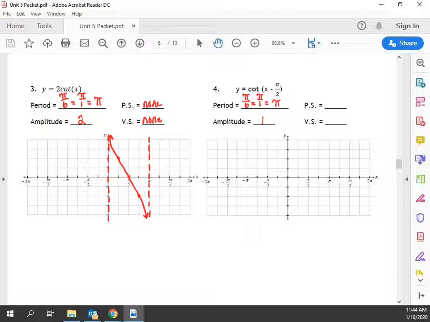So when we talk about amplitude, guys, be very careful with the phrasing of this. Cotangent and tangent actually do not have an amplitude. Amplitude, by definition, is the maximum value of your trig function curve and the minimum value of it. Well, that does not exist here, so therefore, though we cue it up in that type of question, cotangent and tangent do not have an amplitude, and actually secant and cosecant don't either, because they go on to infinity in both directions.